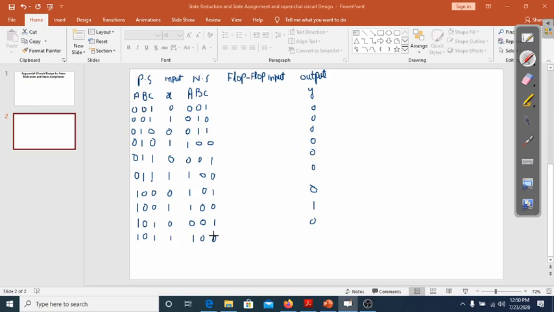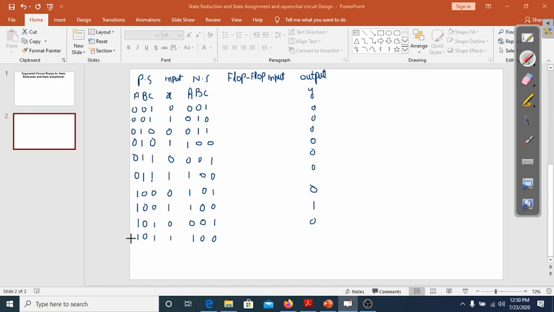Here we have to decide how many flip-flops we have to use. We have given the number of states: 1, 2, 3, 4 and 5. Each state can be represented by 3 bits, so we need 3 flip-flops.